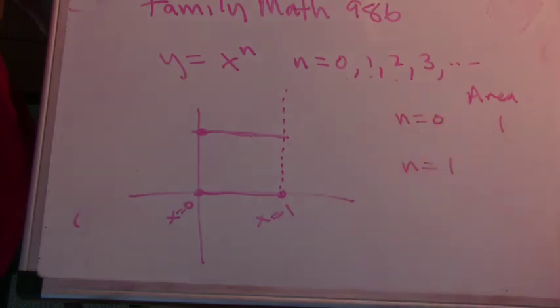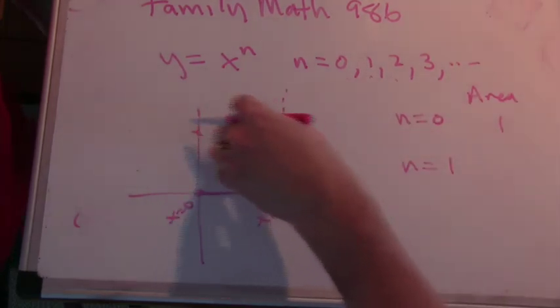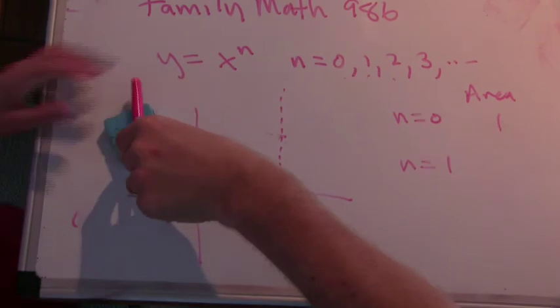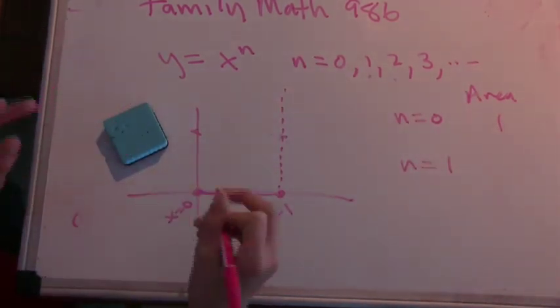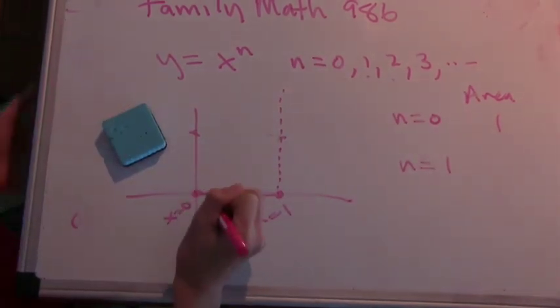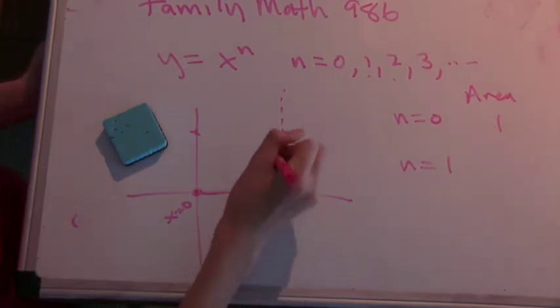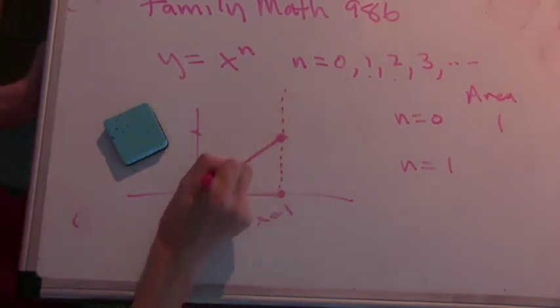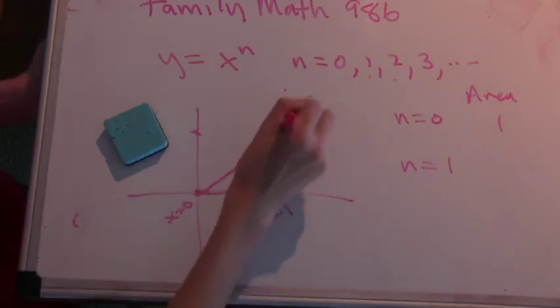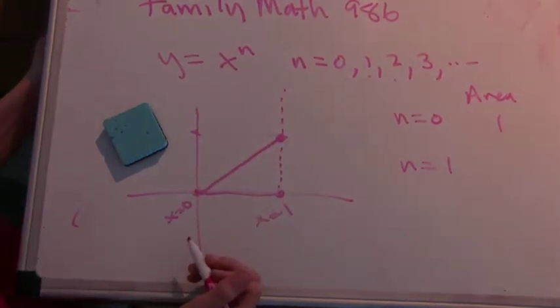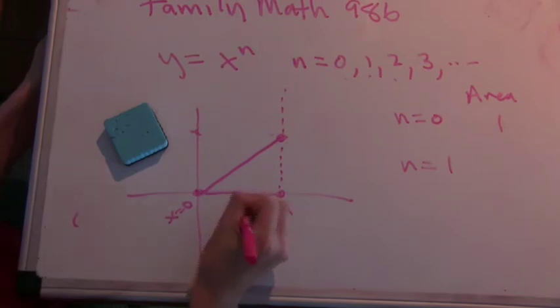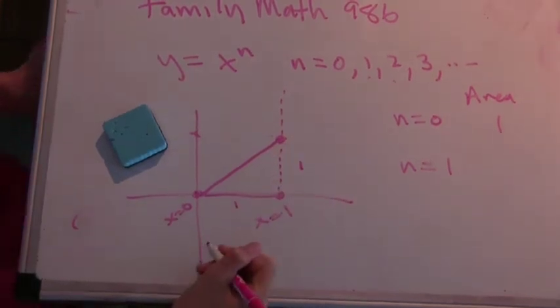What about when n equals 1? What does the function look like here? It's y equals x. So at 0, 0, where y equals x, you could go up to 1, 1. Draw this line. And the area under it, with this side being 1 and this side being 1, would be a half.